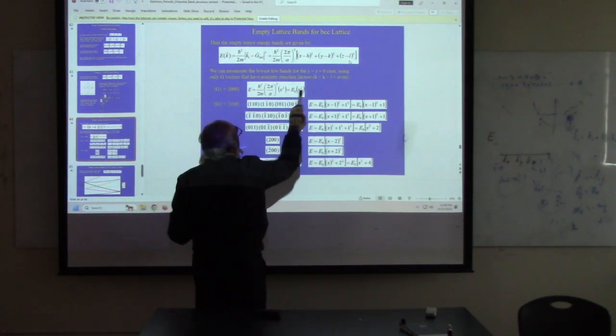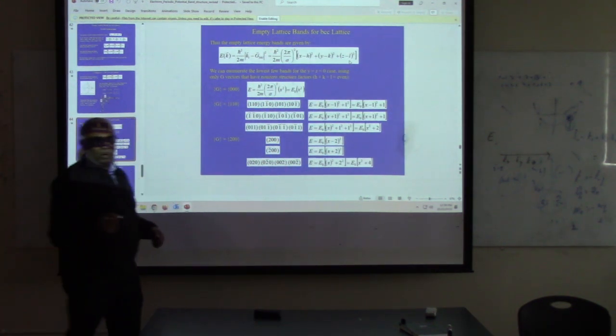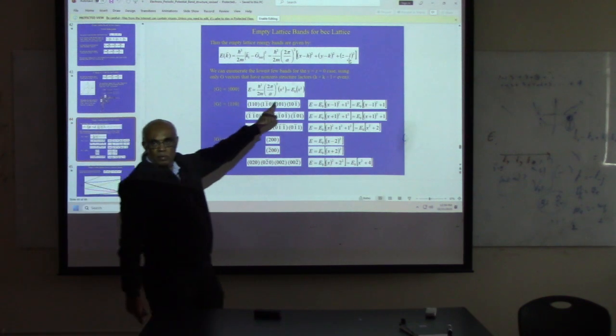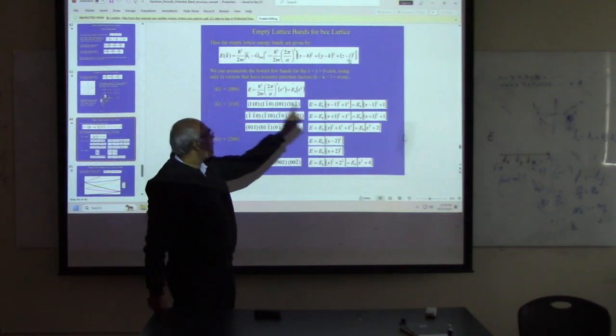That means E0 times x squared. So you know how to draw that one, right? This is simply a parabola, going through the origin, y equals x squared. So that is G 0, 0, 0.